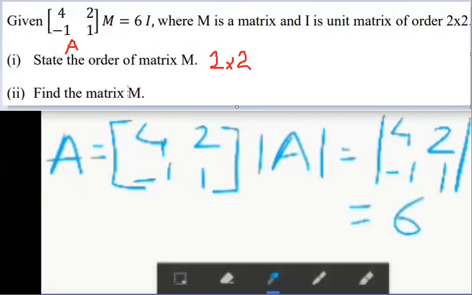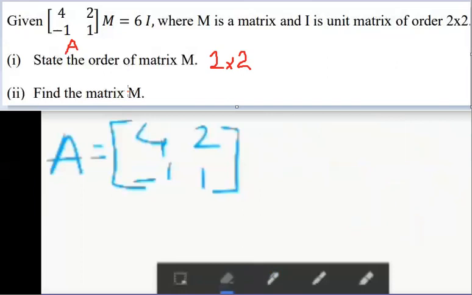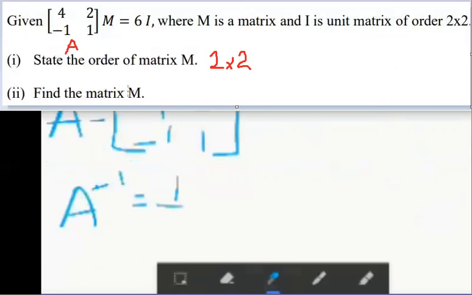And one way to find the inverse is that A inverse will be 1 by the determinant times the adjoint of this matrix A.